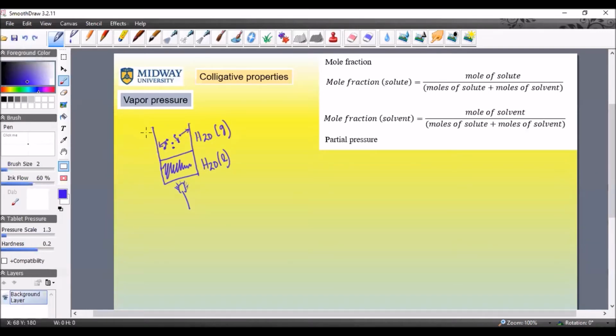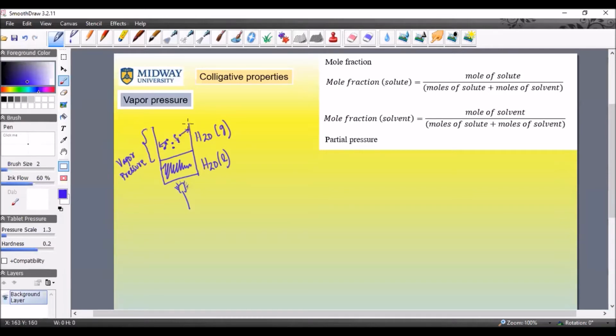Let me draw it correctly. This leads to something called vapor pressure, because as I said, this is a vapor of water molecules.